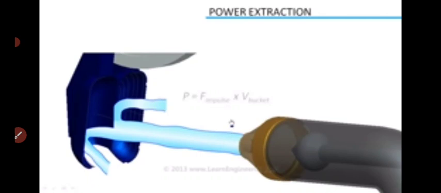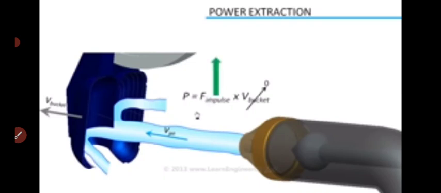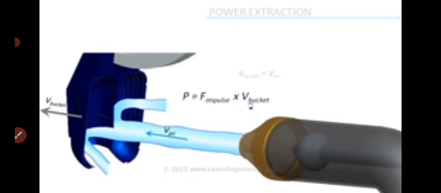Power extraction is maximum when the product of impulsive force and bucket velocity is maximum. If Pelton wheel buckets are held stationary, even if there is huge impulsive force, power extraction will be zero. Similarly, if buckets are moving with the same speed as the jet, the water jet won't be able to hit the bucket, which leads to zero impulse force.